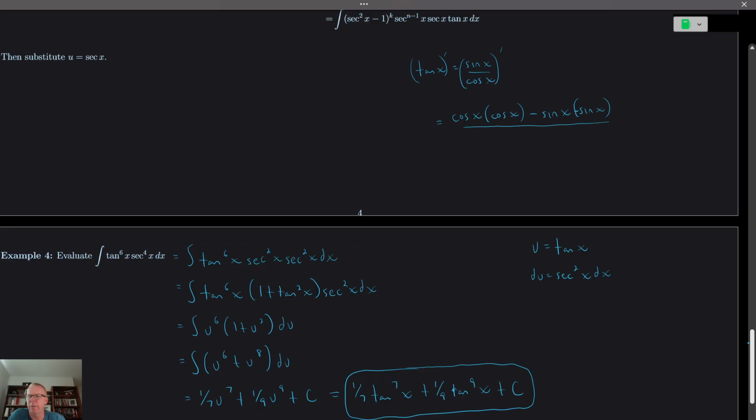Sorry, that should be negative sine x, and then over the bottom squared. So on top, we have cosine squared x plus sine squared x, which of course is 1, over cosine squared x. That's 1 over cosine squared x, which is secant squared x. So that's where the derivative of tangent comes from.